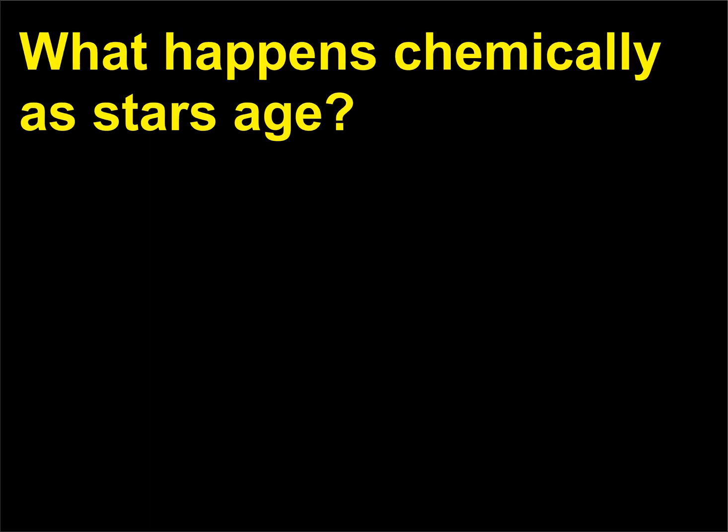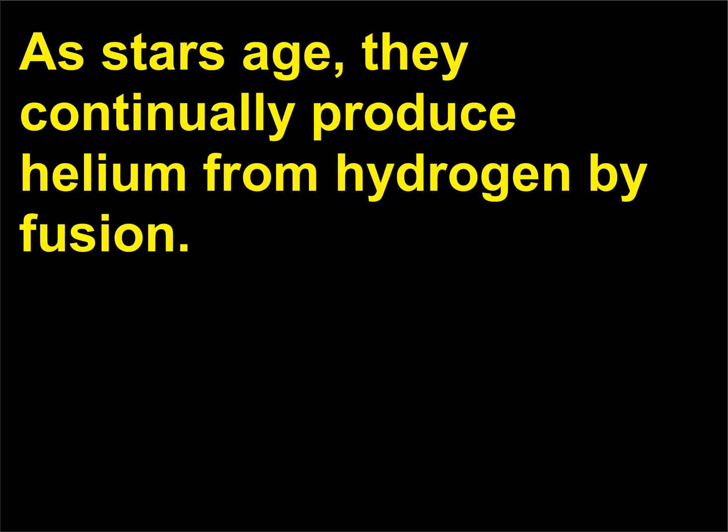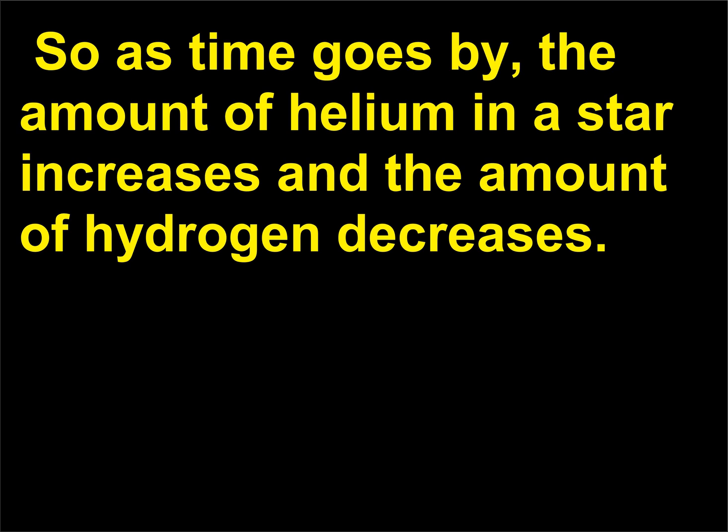What happens chemically as stars age? As stars age, they continually produce helium from hydrogen by fusion. So as time goes by, the amount of helium in a star increases and the amount of hydrogen decreases.